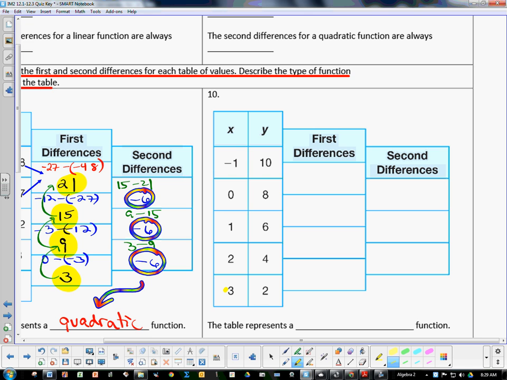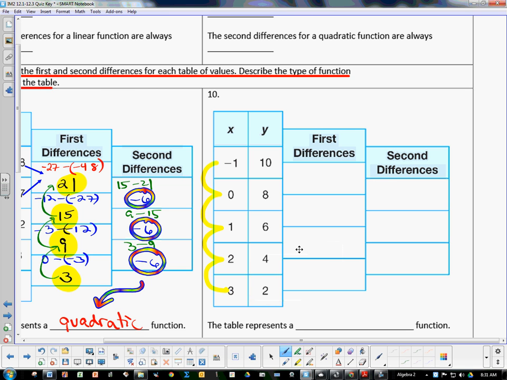And they're all the same, therefore it's still a quadratic. Are these consecutive? Yes, they are. They're not skipping any values if you were to draw a number line.